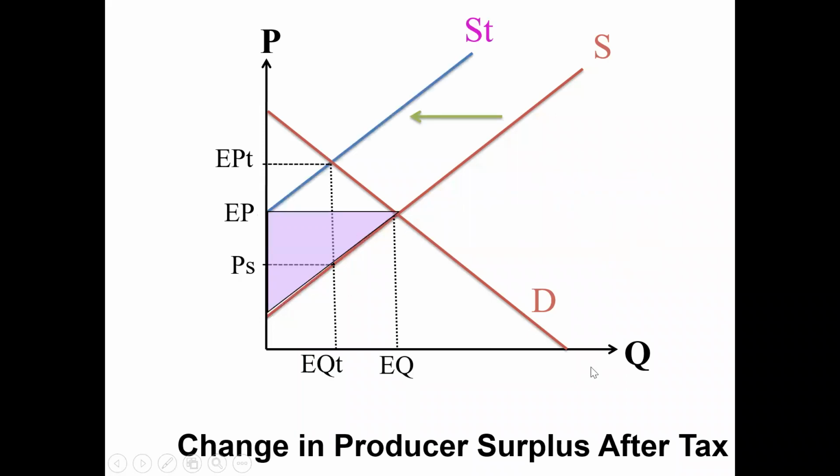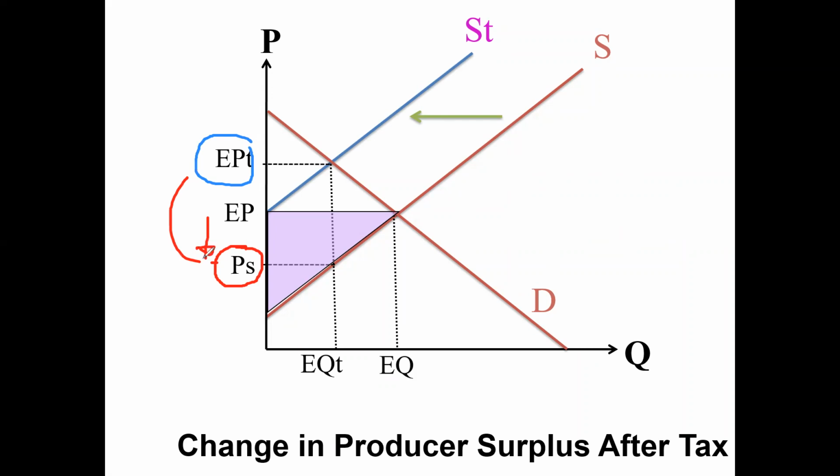So after the tax, market price is EPT, that is true. Even though market price is EPT, remember, producer cannot enjoy EPT. Producer gets only PS. That means producer receives a lower price.